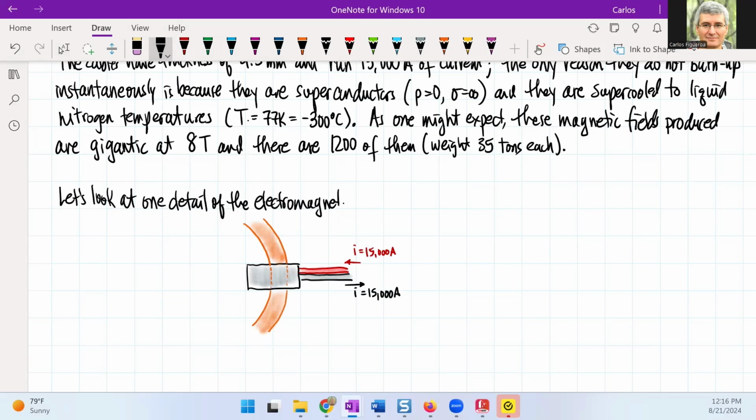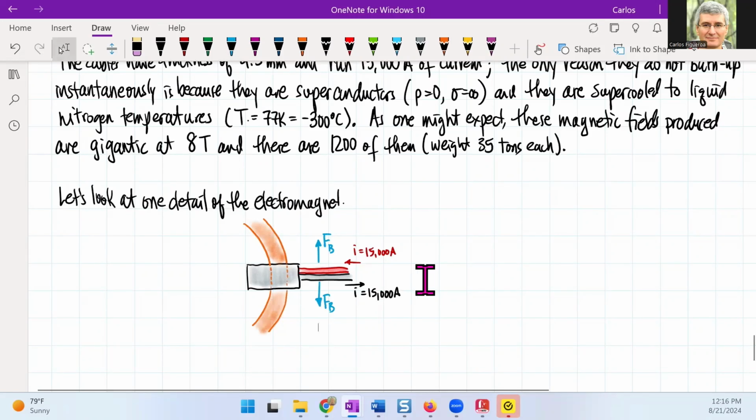Now, here's the thing, because they're opposites, we know that they have to have these magnetic forces that are pushing them apart. How big is that magnetic force?